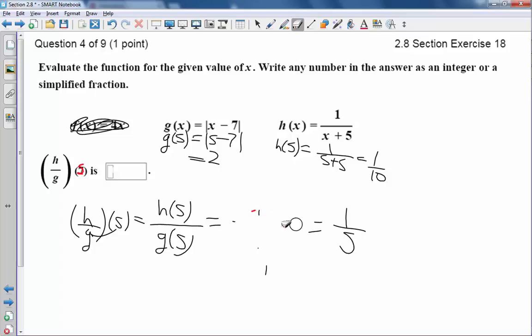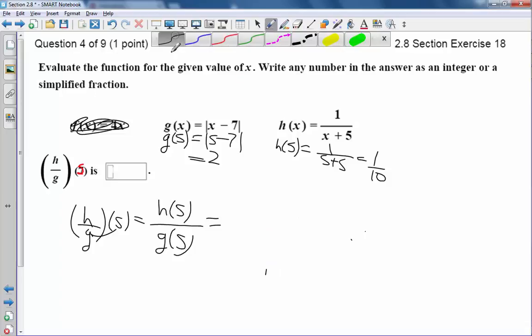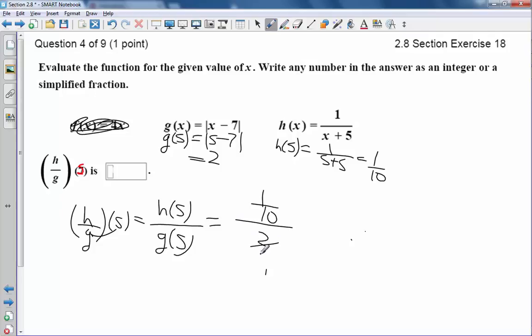Let me clean this up. It's not 1 over 5. It's the safe way is whenever I see a complex fraction like this, I flip this and multiply with the top. Flip and multiply.